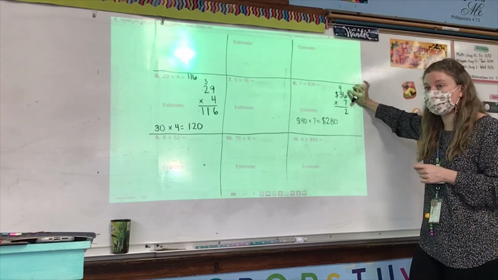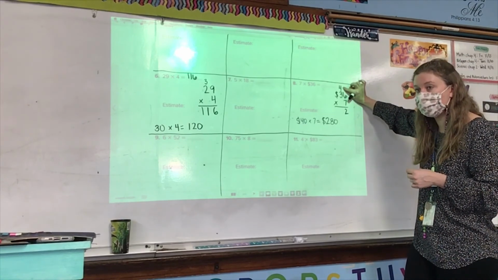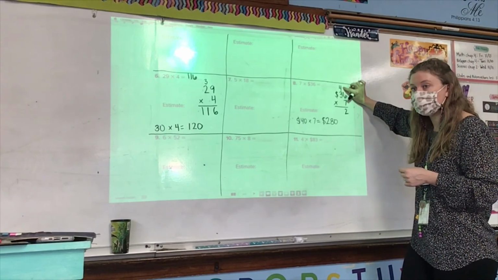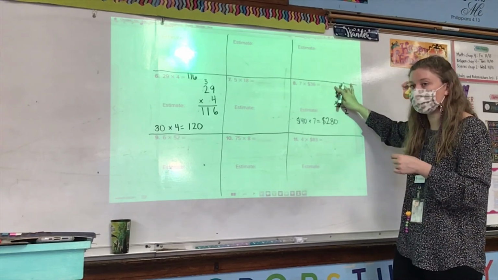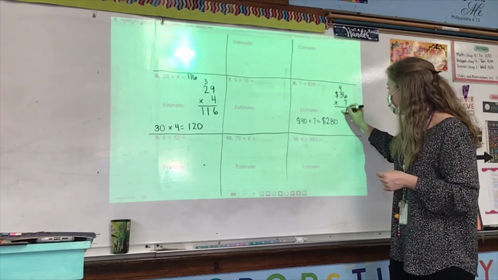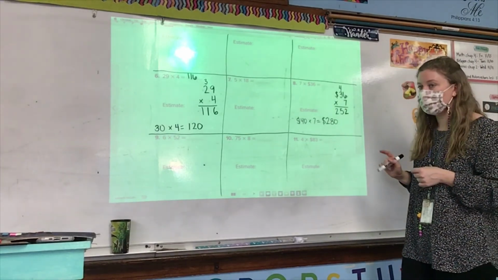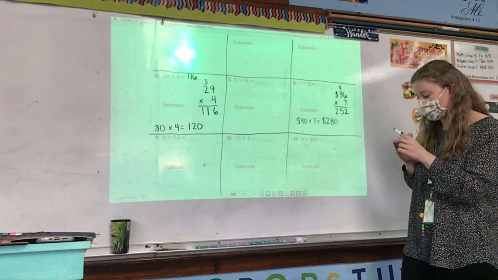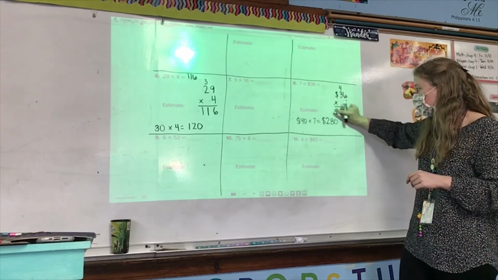But step 4 is to do what? Add the regrouped tens. So that means 7 times 3 is 21, plus 4 is 25. Do we have a hundreds place to regroup to? No, so we can just put that 2 in the hundreds place. What do we need to make sure before we move on? What do we have in our factors that needs to be in our product?